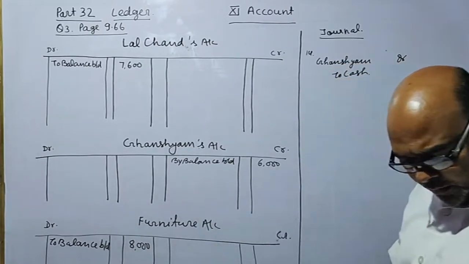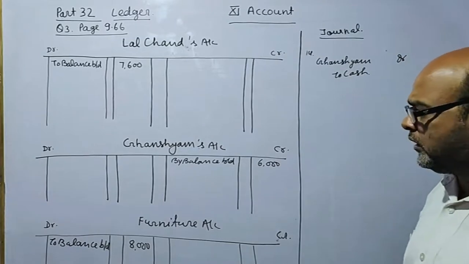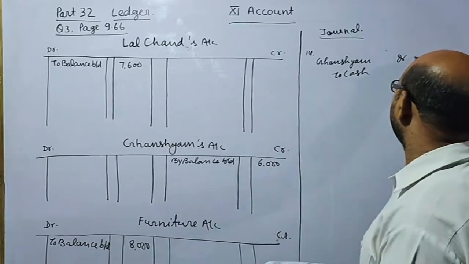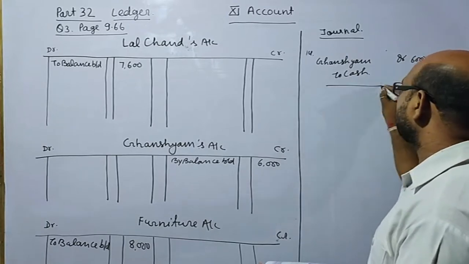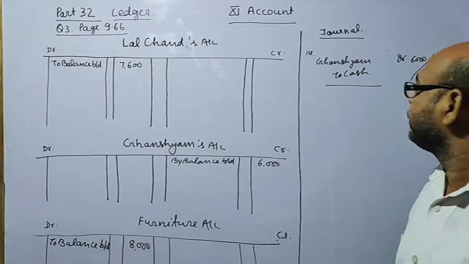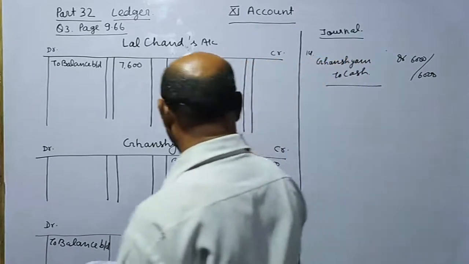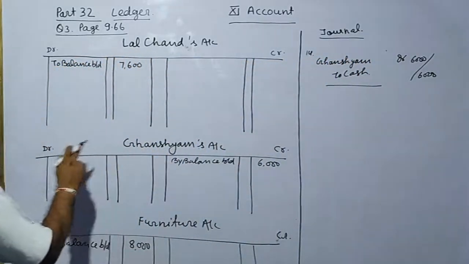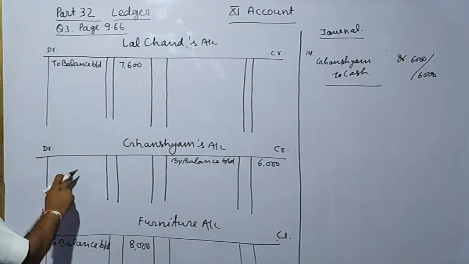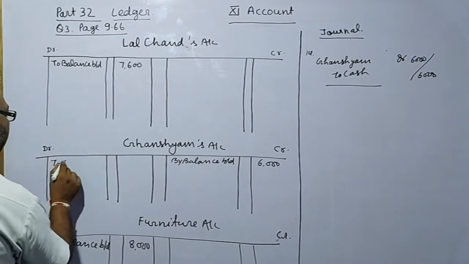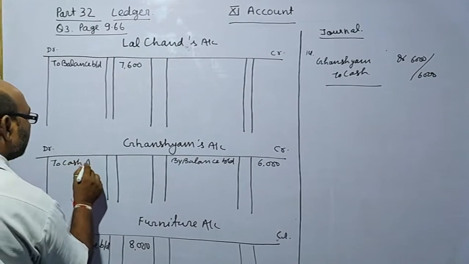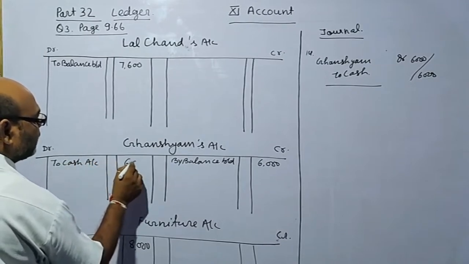Here the amount is not written, so we will consider the same 6,000 we have paid. Here you are seeing Ghanshyam is debit, so Ghanshyam account debit side we will write, but write the name of the credit term, so to cash account. The amount is 6,000.